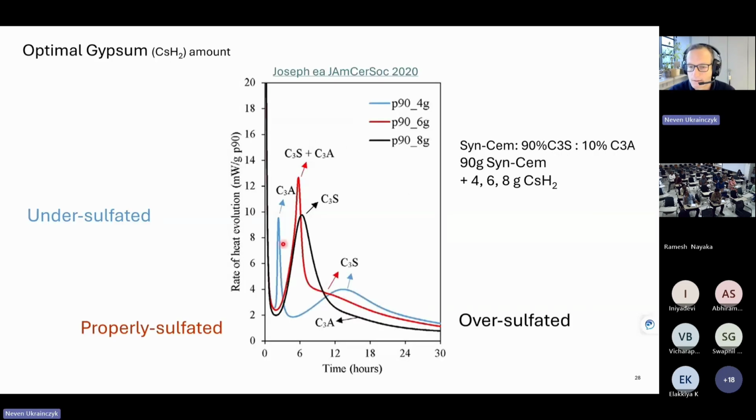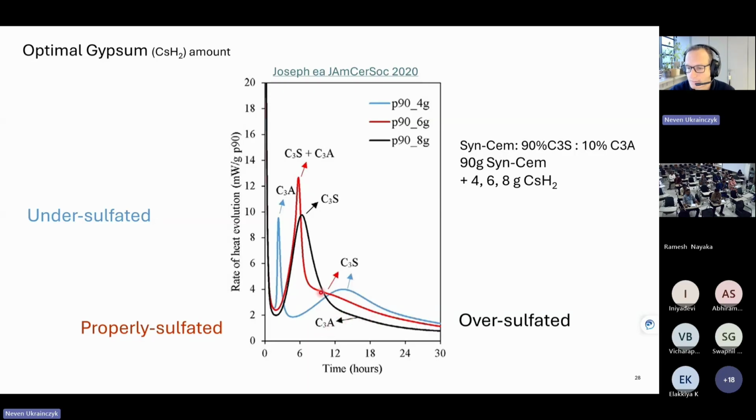So this is what we call undersulfated cement. If you have a peak here even before the silicate reaction, this one is properly sulfated because you have mainly the main peak. But if it's oversulfated, then the C3A reaction is too late.